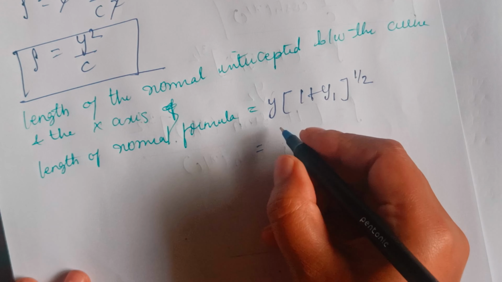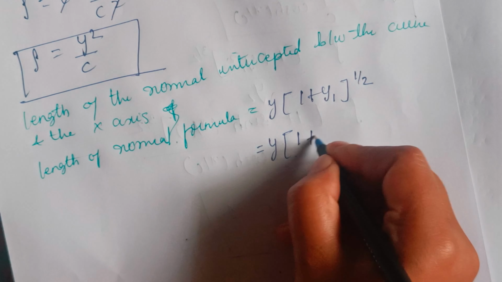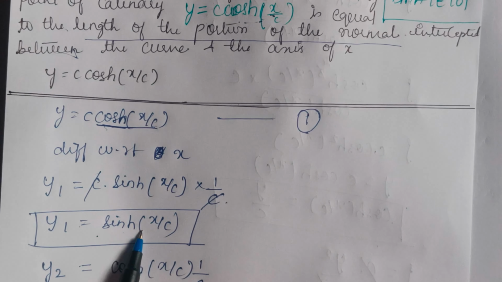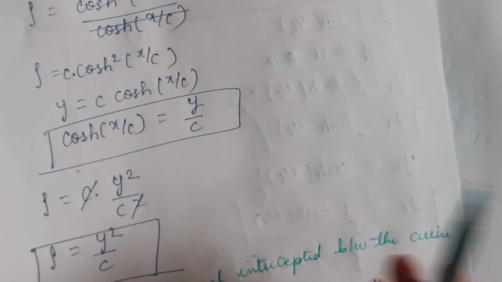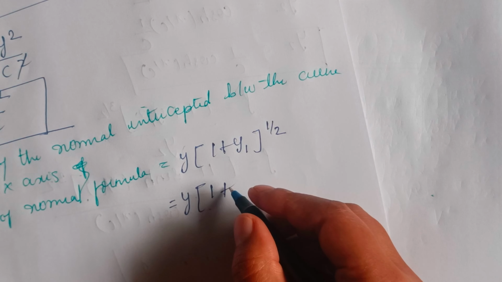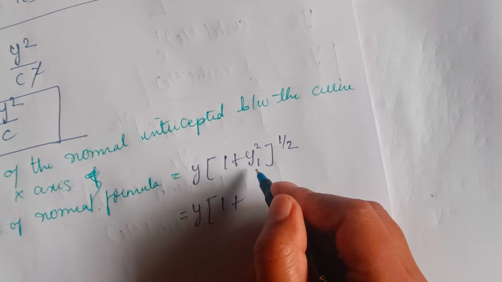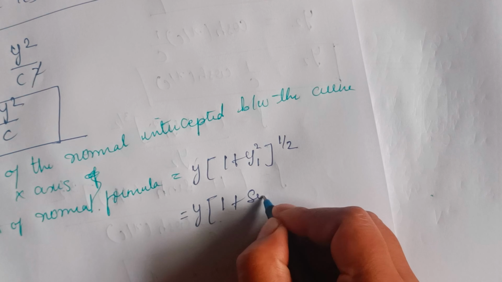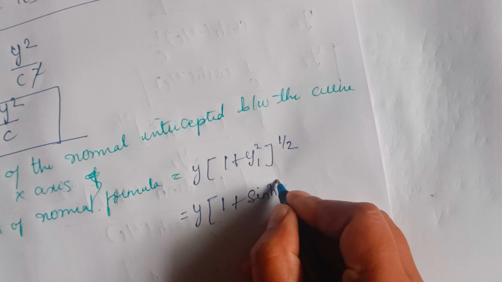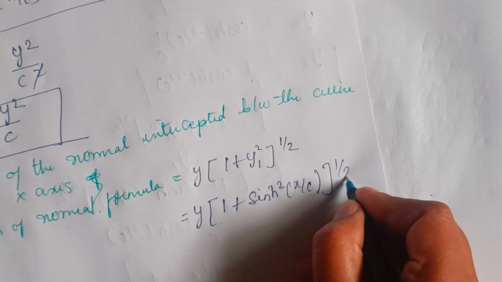So this can be written as y into 1 plus, what is y1? Y1 is sine hyperbolic x by c. As I have the square, it will become sine hyperbolic square x by c whole to the power 1 by 2.